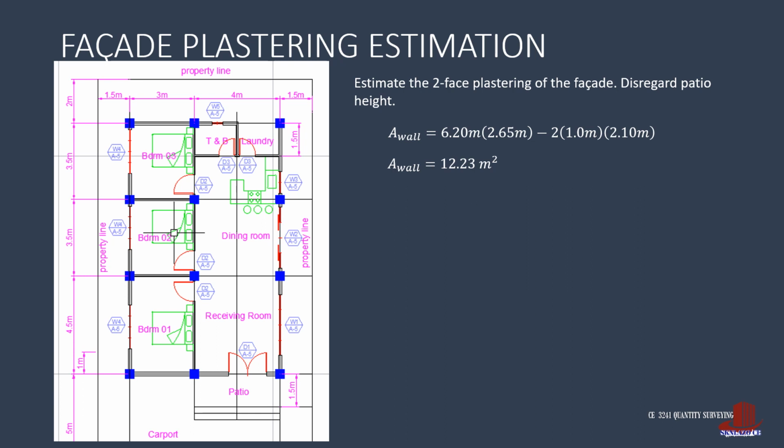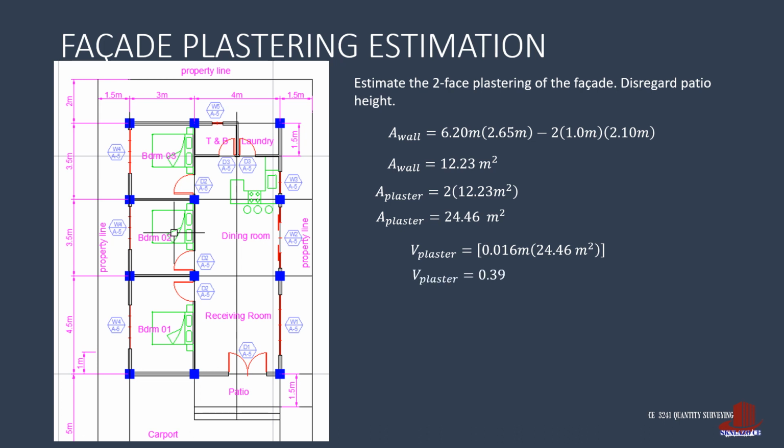From the instruction that plasters are for both faces, the total plaster area then becomes twice of 12.23 square meters, which is then 24.46 square meters. Incorporating the standard thickness of 16 mm, the plaster volume becomes 0.39136 cubic meters.